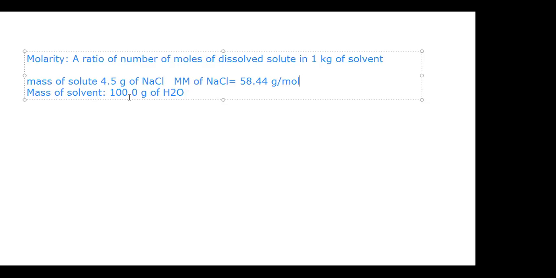Okay, and we can change this, right? Because this is per kilogram. So how many kilograms of water is 100 grams? It is 1/10.